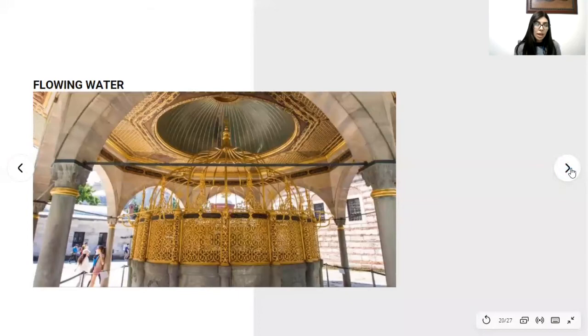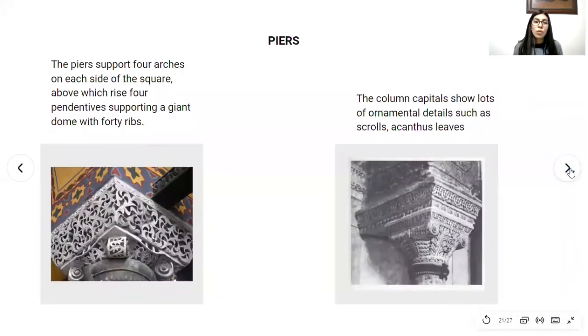It is said that the entire interior design of the Hagia Sophia was constructed to give this image of flowing water. The roof was made from wood, and the piers were attached to support the great body and weight of the whole building. The piers support the great weight of the building.